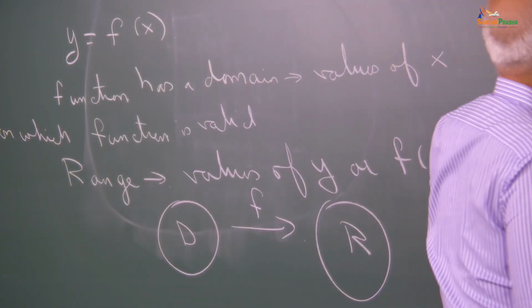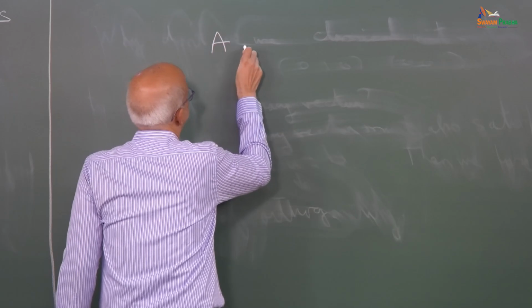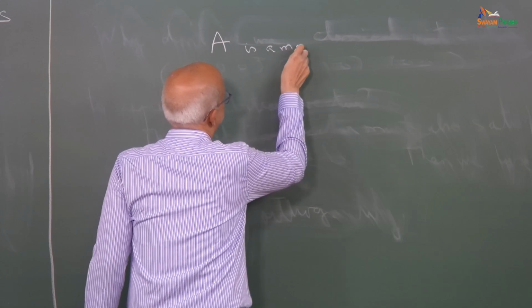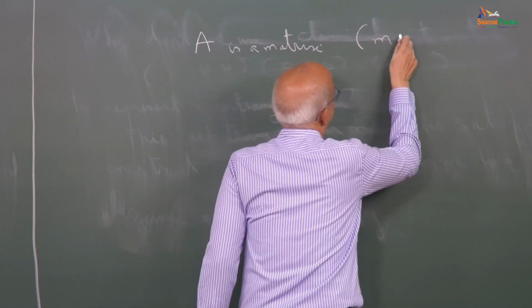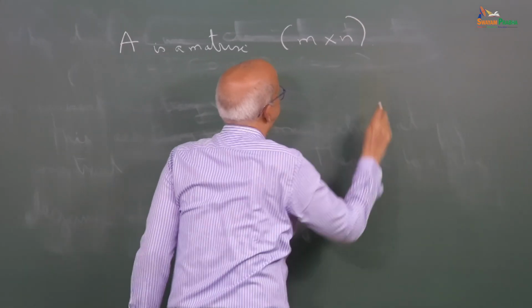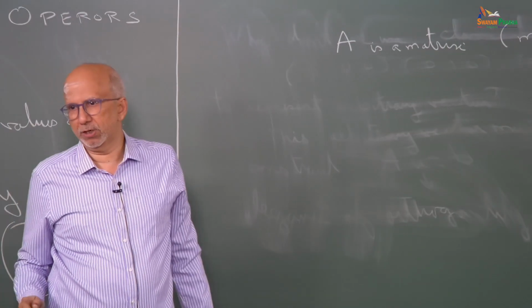Similarly, I can look at a matrix. A is a matrix which I am going to call m by n. Okay. That means it has m rows, n columns.